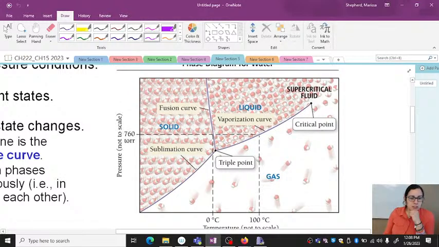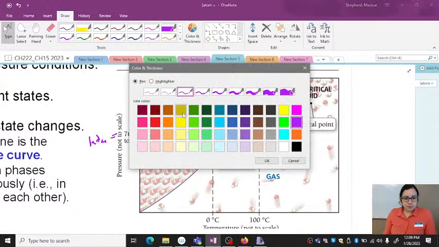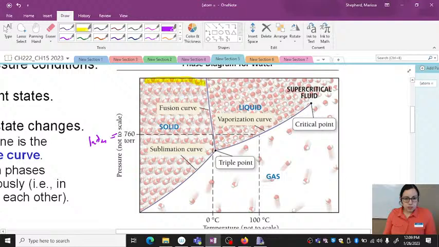And then we also have pressure. This is marked as, of course, ATM, our standard conditions. And then all this is where water exists as a solid.